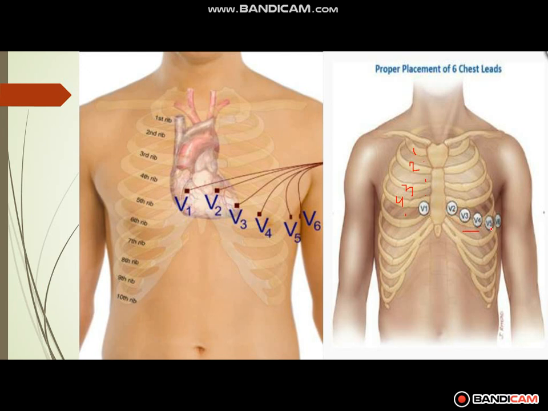Very simple. We have these 6 leads, V1, V2, V3, V4, V5 and V6. From V1 to V6, these are the 6 lead names, and also where they are applied. You can say this is the first rib, this is second, this is third, and this is fourth rib. So this is the first intercostal space, second, third and fourth.